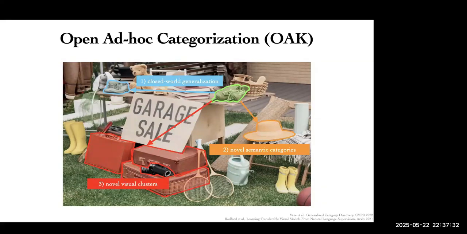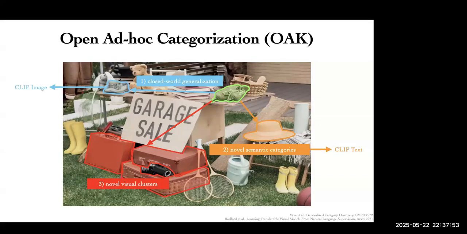And then, given this clutter of items, there are things that form a visual cluster, all these suitcases. And I should discover this could potentially be sold, okay? So essentially, for the first, closed world learning, CLIP can do a very good job already.